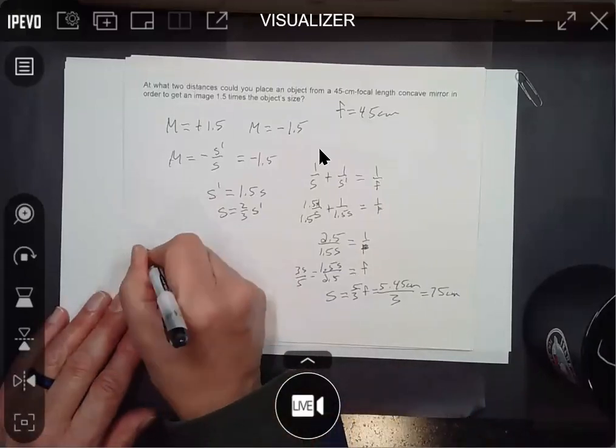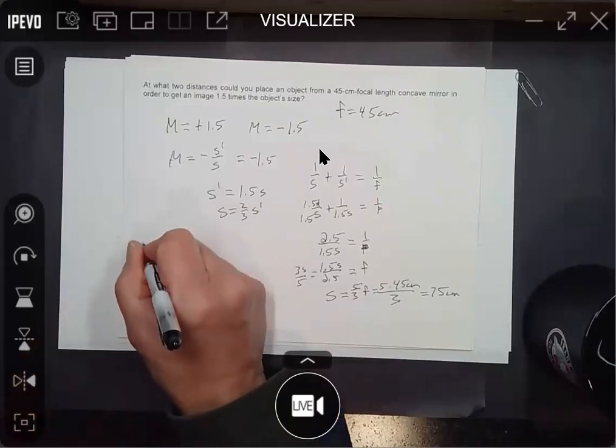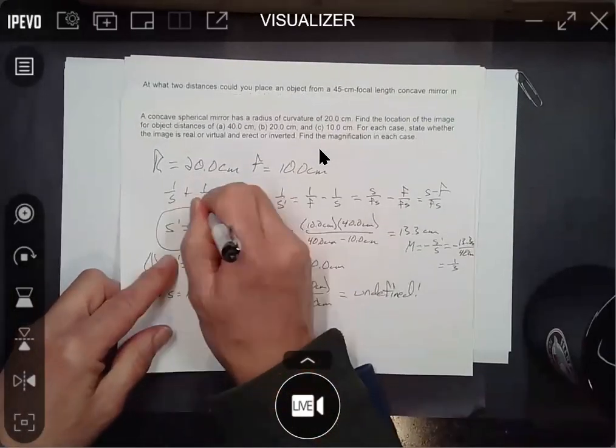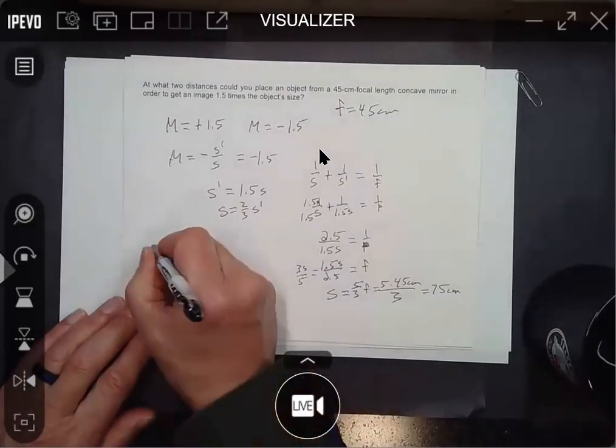Okay. I'll use my solving for s prime equation, which I had a ways back. Here it is. s prime equals fs over s minus f.